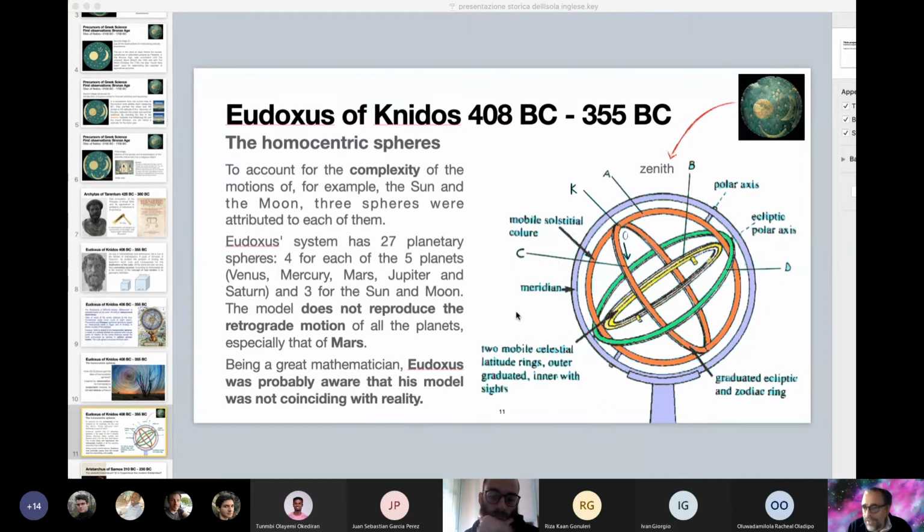So this is a first mathematical model which accounts for some phenomena and is not capable to predict any new phenomenon.